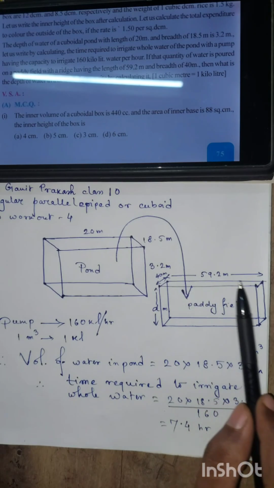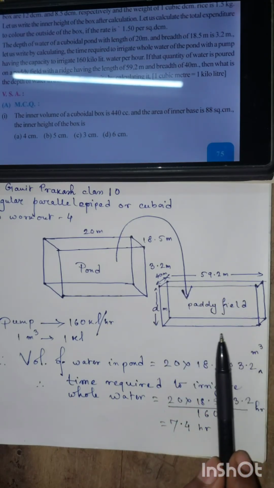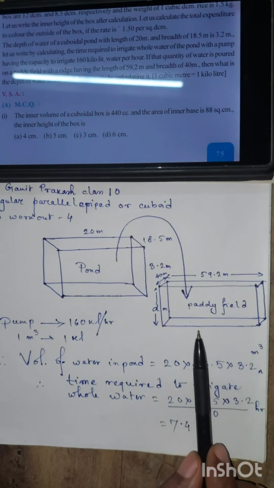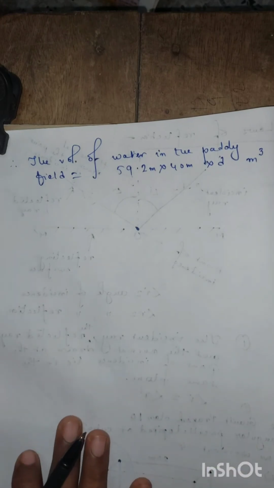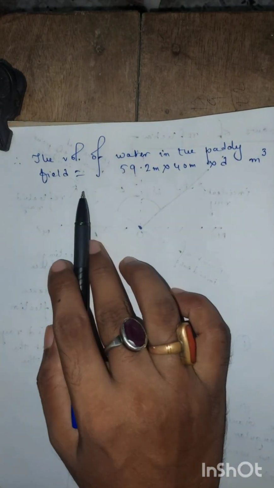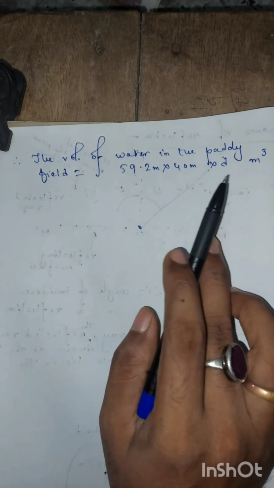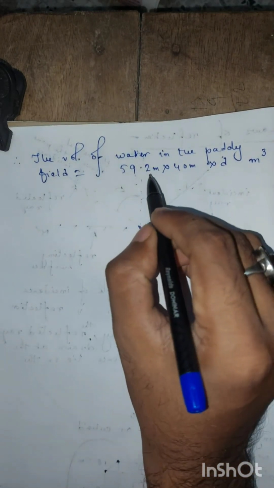So we are going to calculate the volume of water contained in the paddy field. So the volume of water in the paddy field is length into breadth into depth.